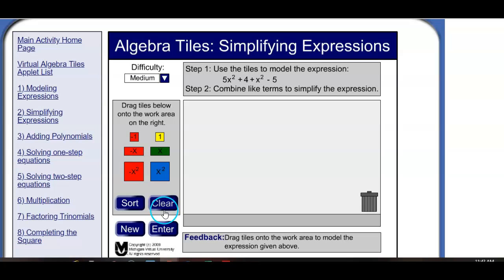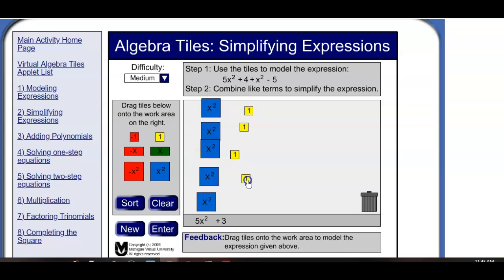Here we go. Let's try this one. Five x squared plus 4 plus x squared minus 5.